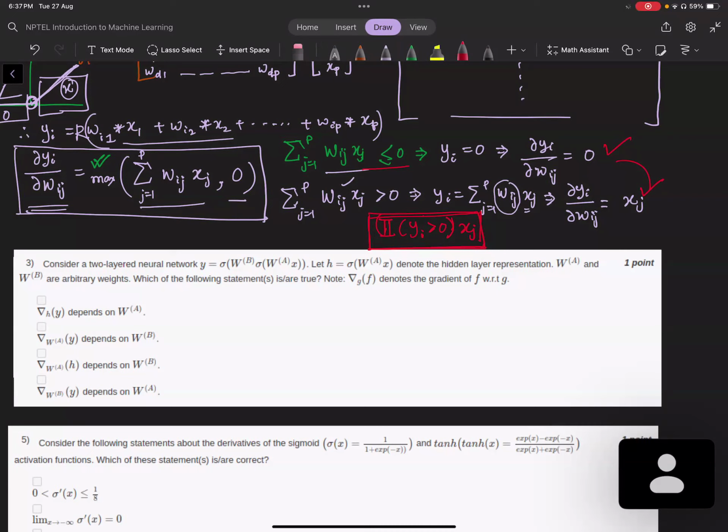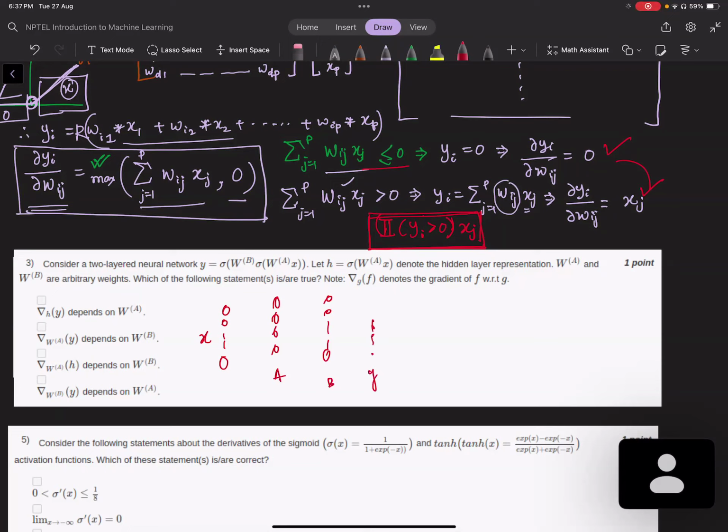So we don't need to estimate the parameters. But it is saying that there is a neural network, so let's just put it in a figure. There is some x, and then there is layer A, and there is some layer B, and there is some output y.